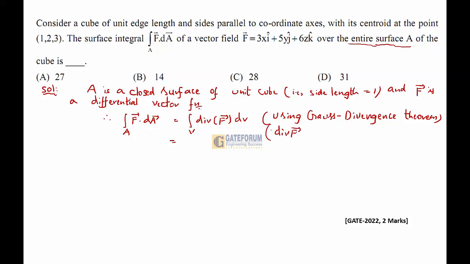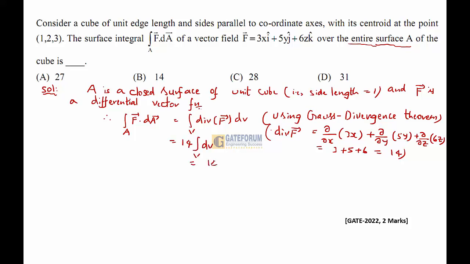Div f bar is equal to dou by dou x of the i bar coefficient, that is 3x, plus dou by dou y of 5y, plus dou by dou z of 6z. This is 3 plus 5 plus 6 is equal to 14. So this is 14 times integral over V of dV, which is 14 times V.